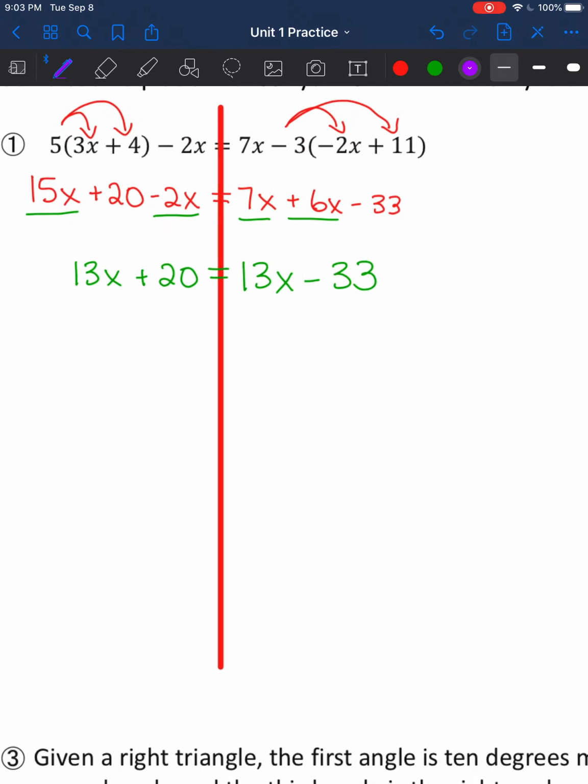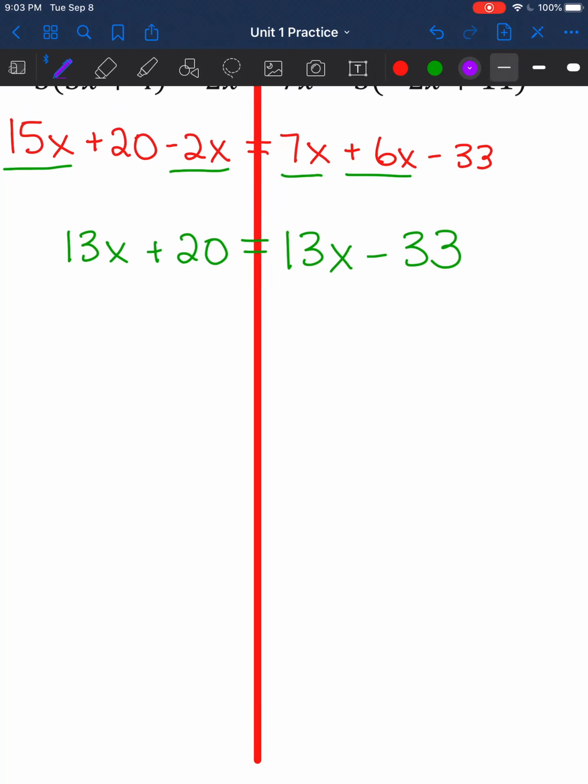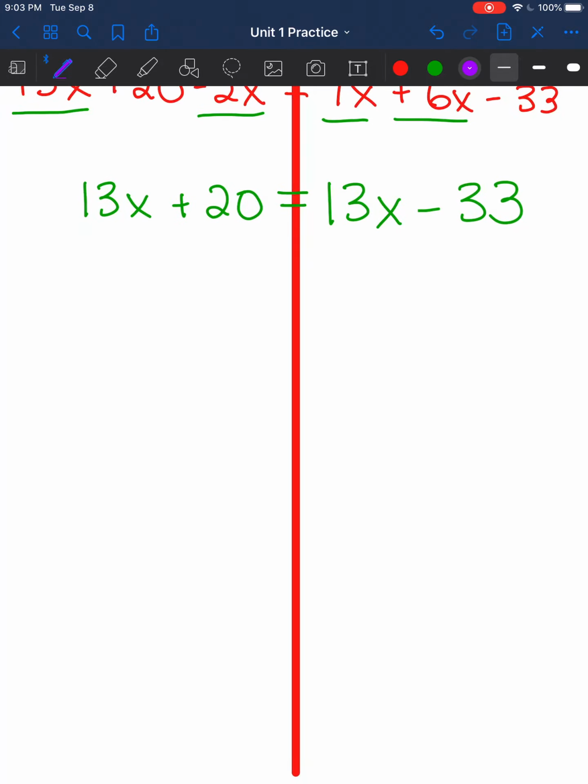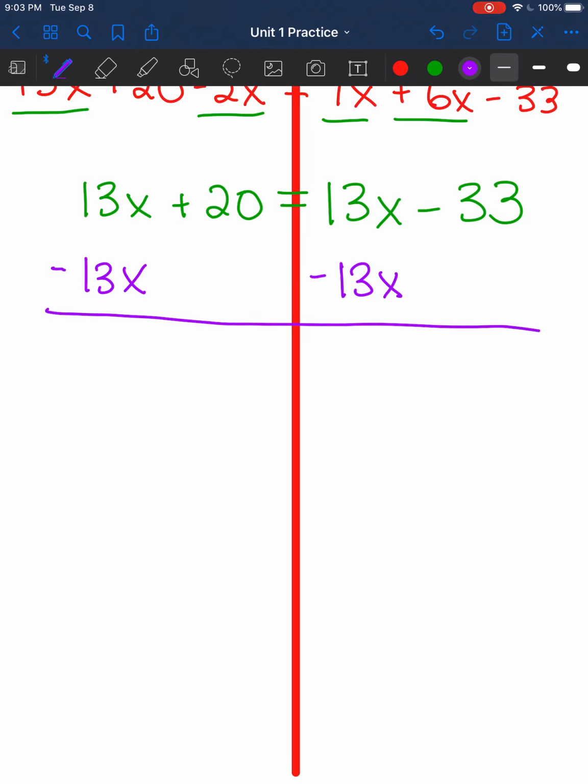Here I notice that I have 13x on both sides, and I can subtract this 13x on the right hand side to eliminate it, and that means I need to do the same. But notice whenever I do this, I'm left with 20 is equal to -33.